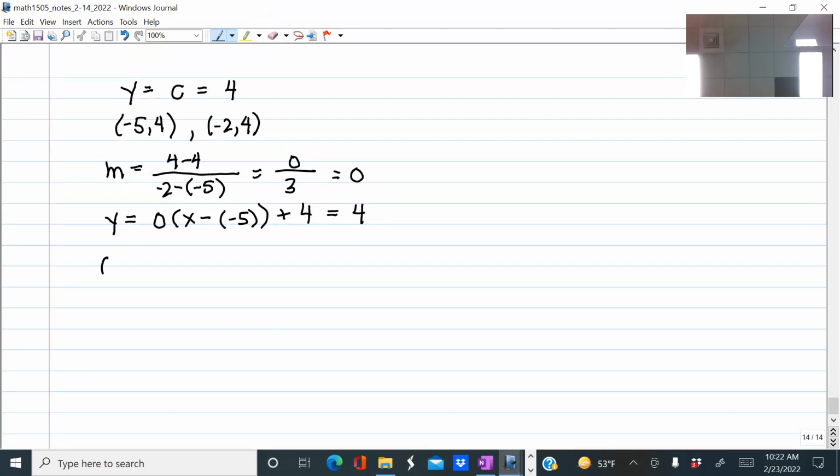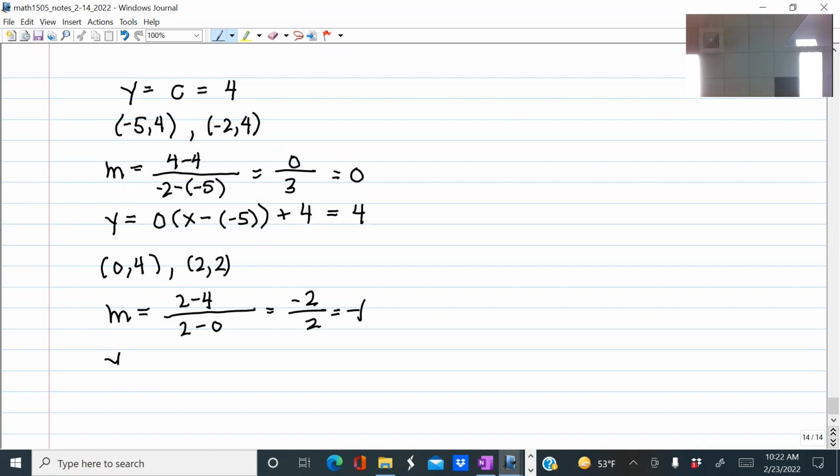We have the points 0, 4 and 2, 2. Now calculate the slope of that line. I have 2 minus 4, the difference in the y coordinates, over 2 minus 0. So we get a really nice slope here, minus 2 over 2, which is -1.